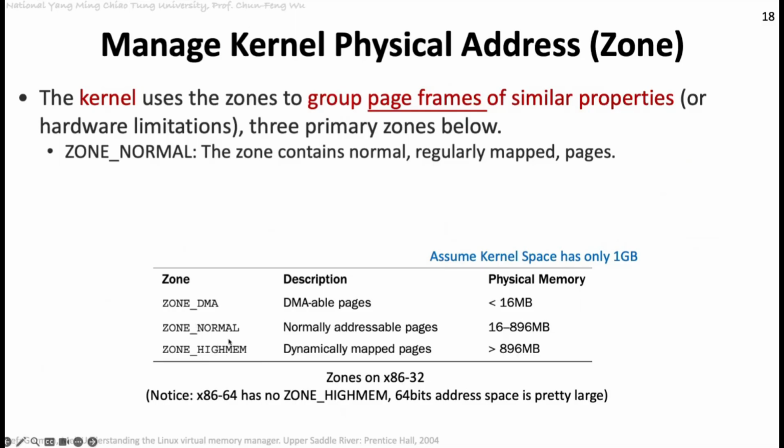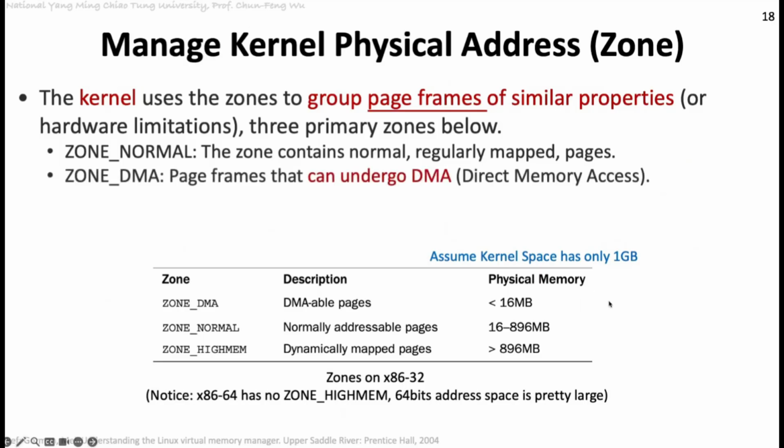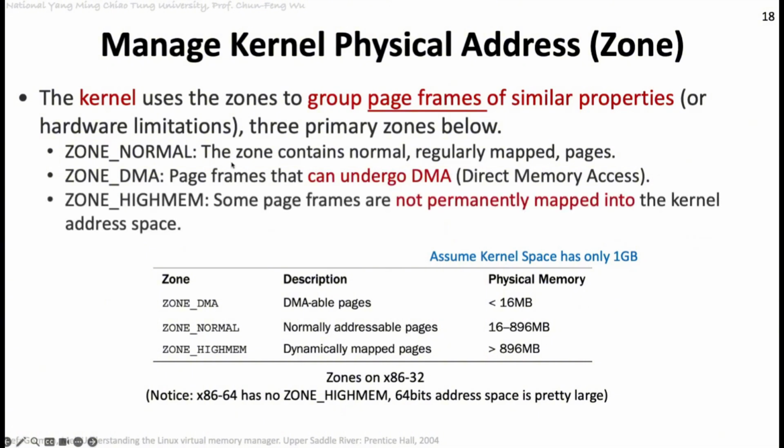The reason it is called high memory is because the upper 1 gigabyte is preserved for the kernel, and the rest is for user processes. There are more details later for this part. Here is the explanation of the function of each kind of zone.